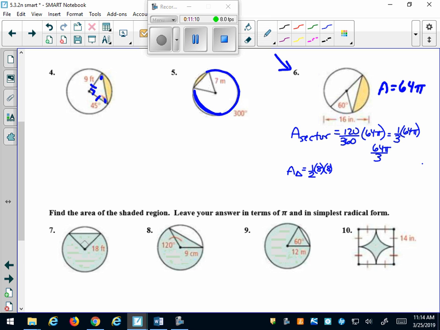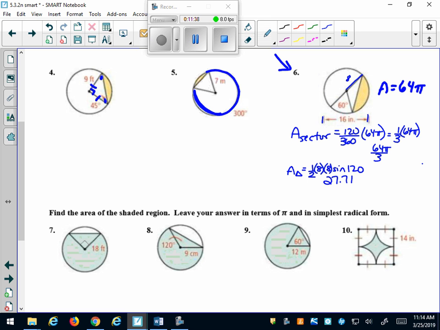Because if the whole width is 16 here, then halfway across is 8. So 1/2, 8 times the sine of, what am I going to do here? 120, not 60, right? 1/2, 8 times 8, sine of 120. And that should come out to 27.71. So that's the area of the triangle.